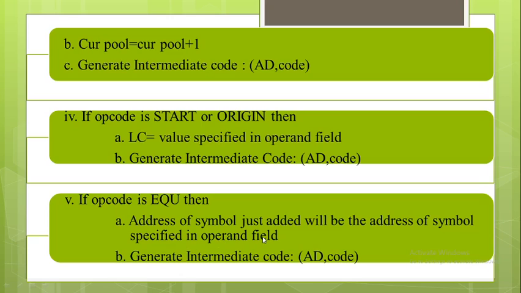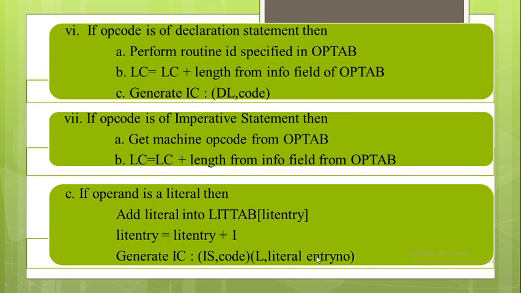And as it is an assembler directive, it will generate the intermediate code as AD with the proper code. If the opcode is of a declaration statement, then perform the routine ID specified in the op tab. The location counter will become location counter plus the length from the info field of the op tab, and it will generate the intermediate code as DL, code.